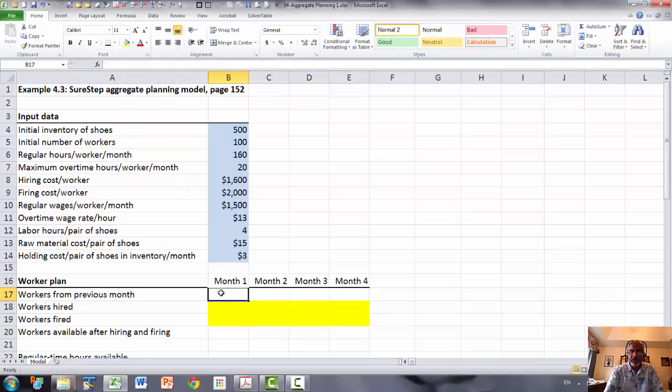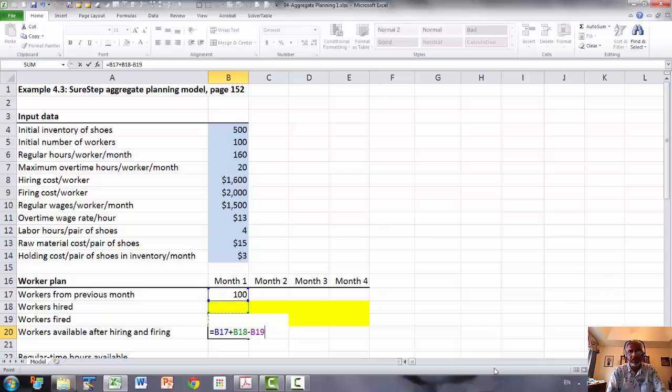Initially for the first month we'll begin with the initial number of workers, plus if we hire any workers, that will get added to the number of workers. But on the other hand, if we fire workers, then that many workers will be taken out.